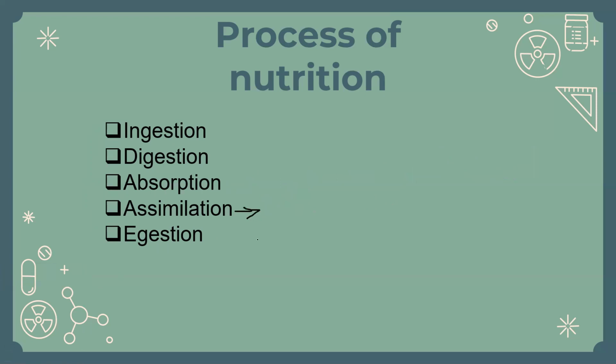Assimilation. In assimilation, the process in which the absorbed food is used for producing energy and growth is known as assimilation. In absorption, the simpler soluble molecules present in the digested food pass into the body fluids like blood, and then the blood takes those nutrients to all the body parts to produce energy.